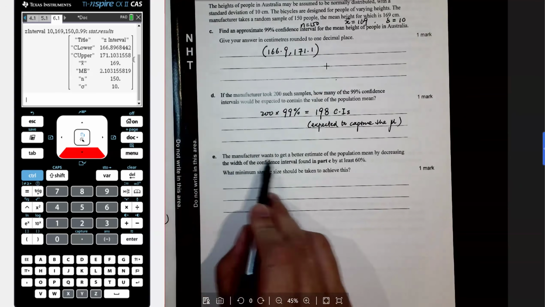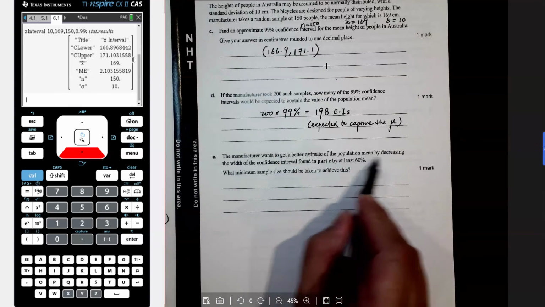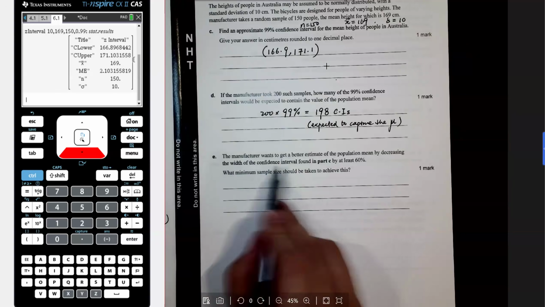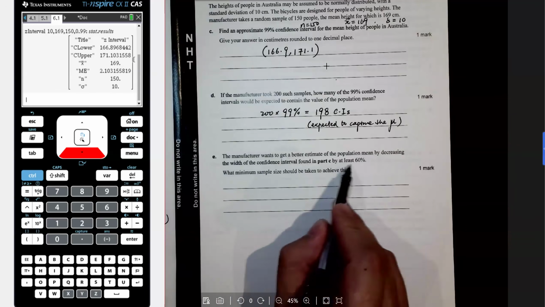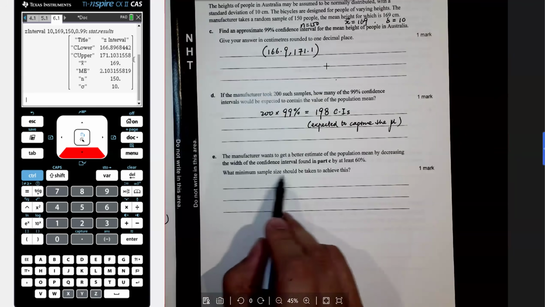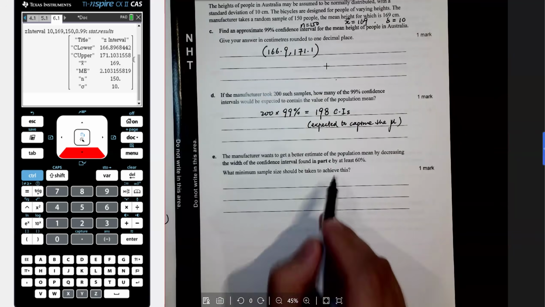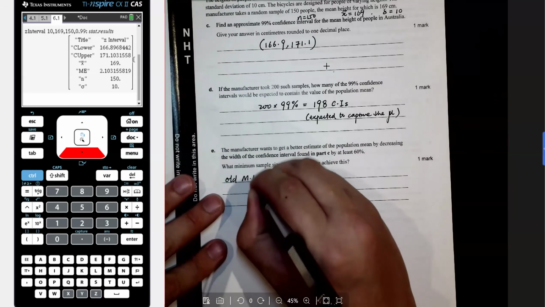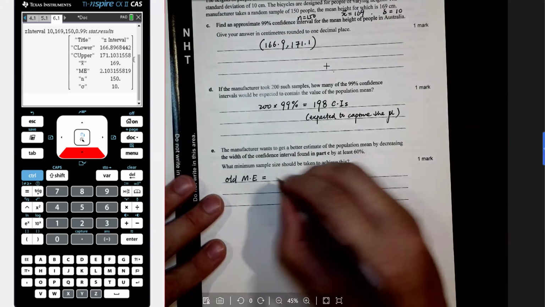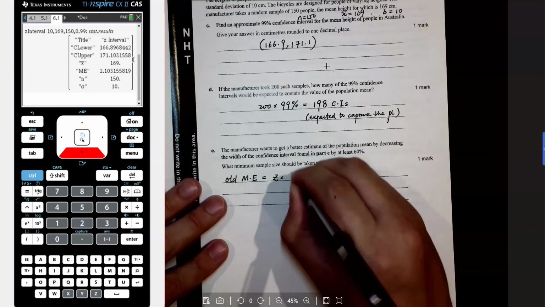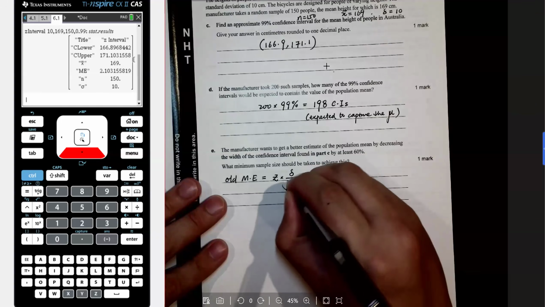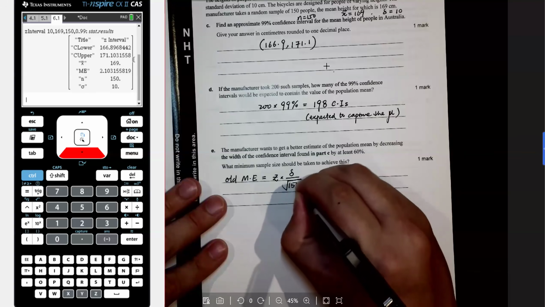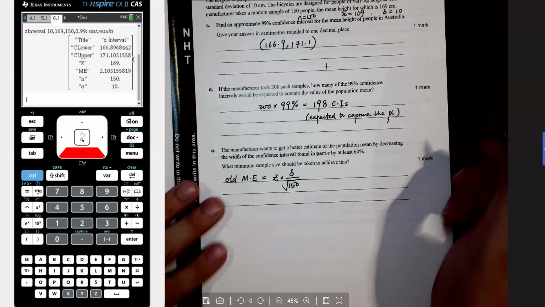The manufacturer wants to get a better estimate of the population mean by decreasing the width of the confidence interval by at least 60%. What's the minimum sample size taken to achieve this? So the old margin of error can be expressed as the z-score times the standard deviation divided by square root 150.